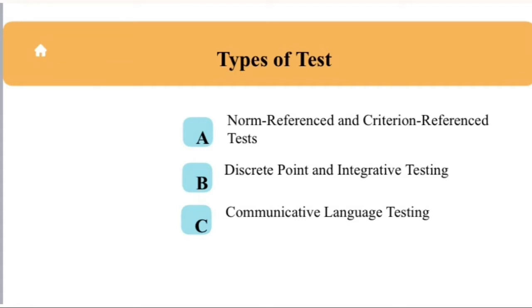Next, the second type is discrete point and integrative testing. So discrete point tests are constructed on the assumption that language can be broken down into its component parts and that those parts can be tested successfully.